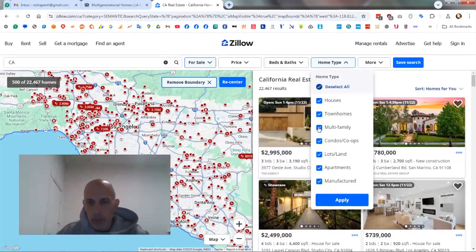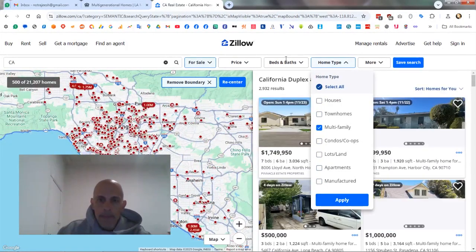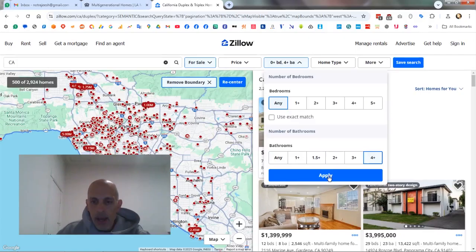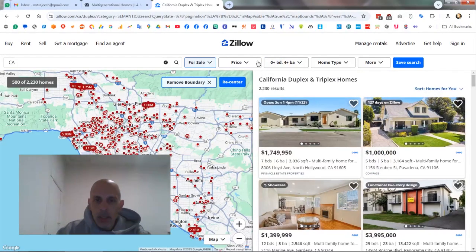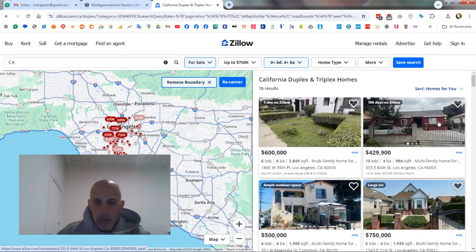Now we would just go to multifamily or deselect all, select multifamily. We'd want to stick to something with 4 bathrooms because they have a higher chance of being a fourplex, and we would enter a max price of $750,000. So let's see what pops up here as a 4 unit.